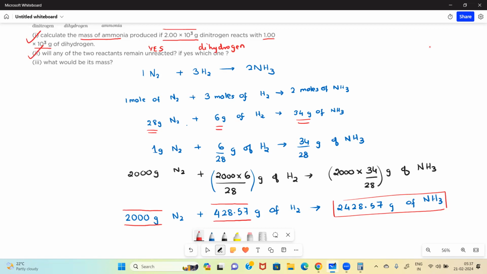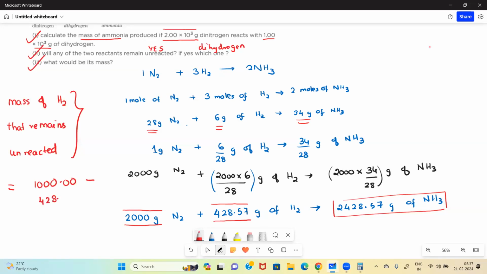Last, what would be its mass? The mass of dihydrogen that remains unreacted is equal to, totally I have taken 1000 grams, out of which 428.57 grams is reacted.